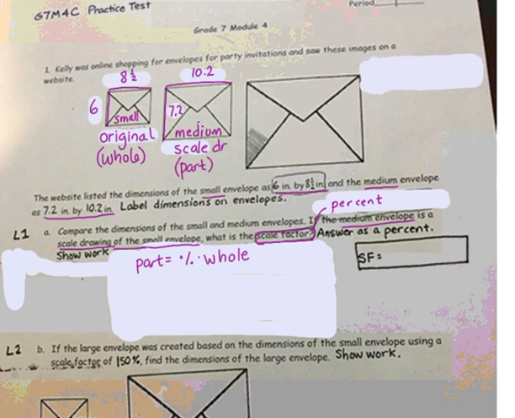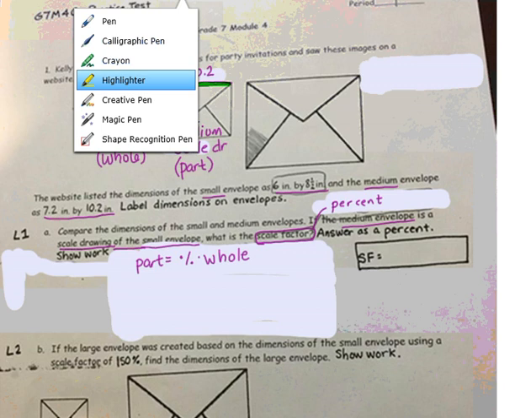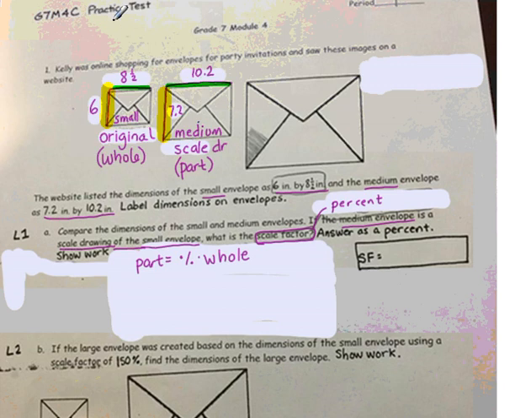Now, when you are solving this problem, you need to choose whether you will use the vertical or the horizontal segment. Your choice is to use the corresponding sides of 6 and 7.2 or 8.5 and 10.2, and that is your decision. I am going to go ahead and use the vertical of 6 and 7.2.